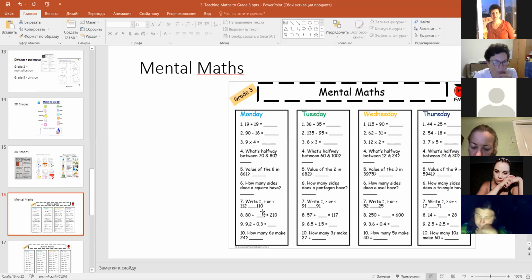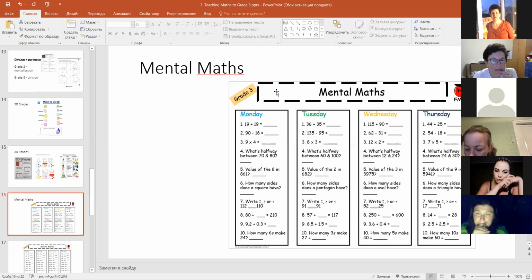So it's comparison. Then here mentally they have to count what this is. We probably won't do decimals, because that will be difficult, first of all, for us. And how many 6 make 24? It's about division.